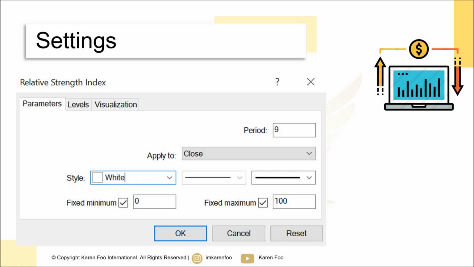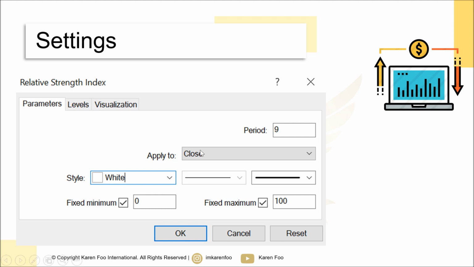Some people use 14, some use 9, some use 5, some use 11, some use 21, whichever suits their risk appetite. Personally, I just find that 9 is okay. It's not too many signals, but also not too few.